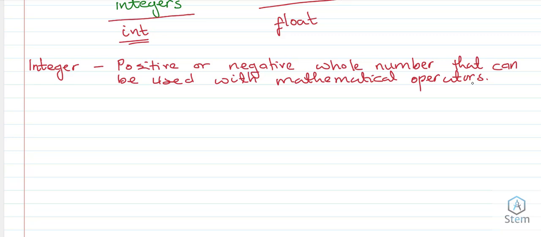So, when we say an integer can be used with mathematical operators, we are looking at situations where you have a number that can participate in arithmetic, like 2, the mathematical operator would be plus, another integer would be something like 3. So this is an integer. Whether it's positive or it's negative, it is an integer.